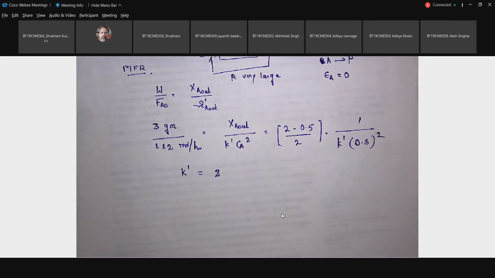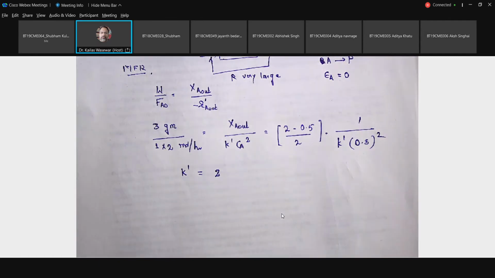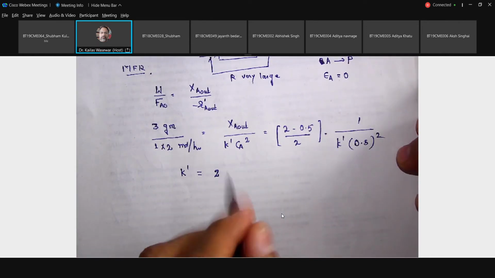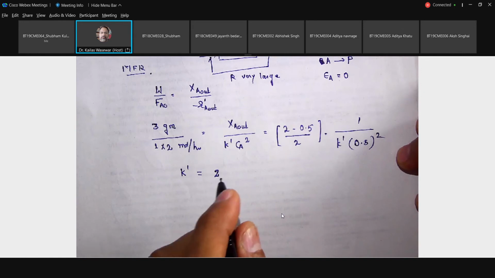Liter mole hour, is it correct? It is liter square per mole gram hour.